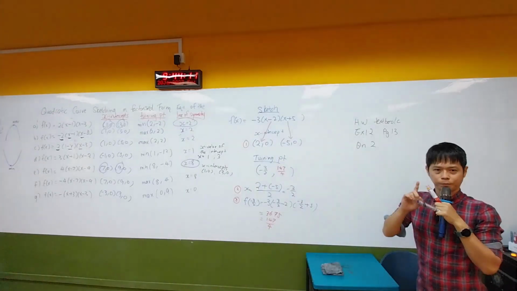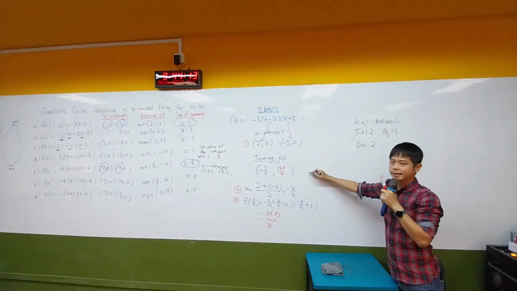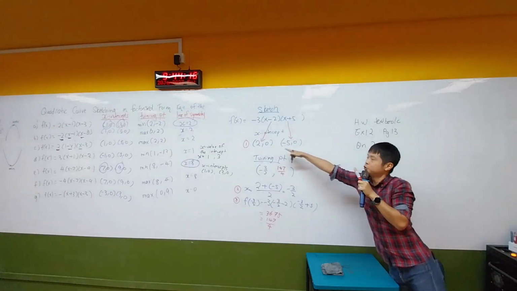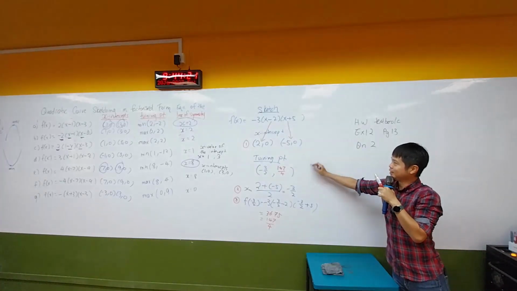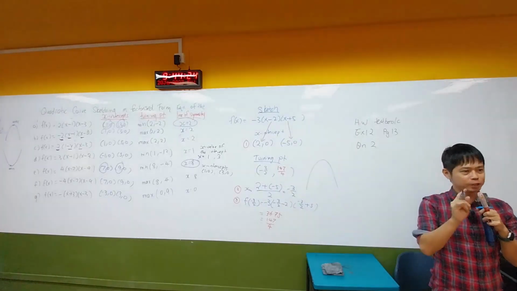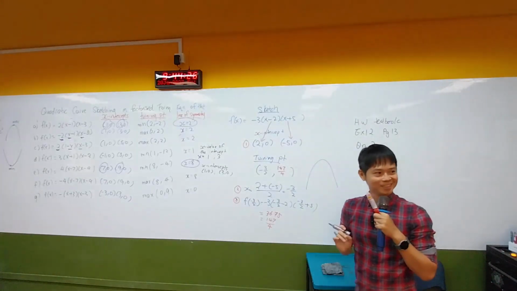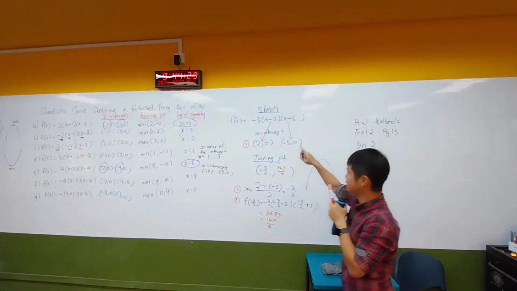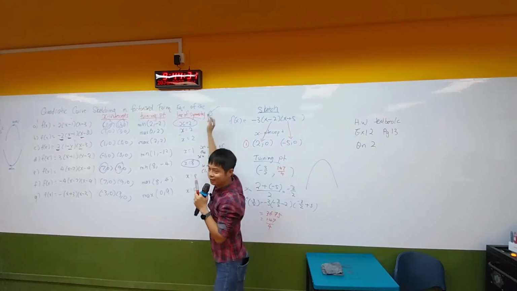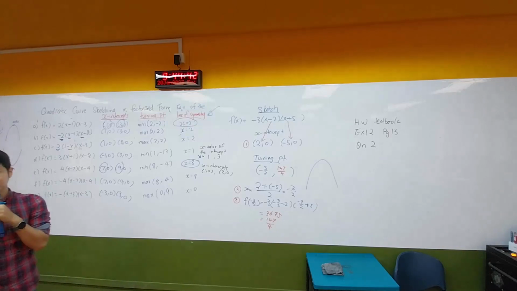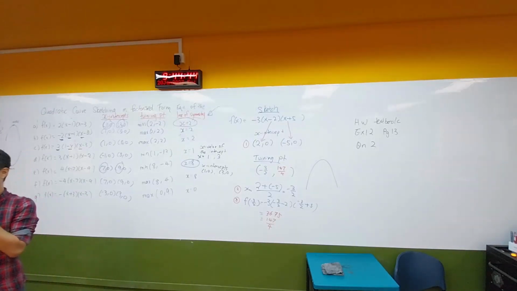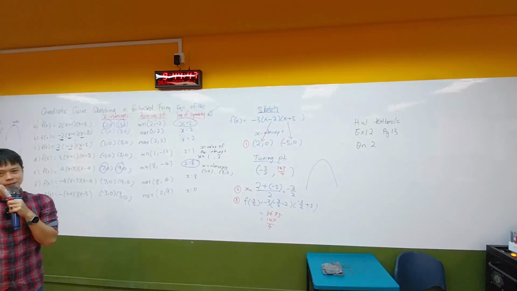The first question is, why is the turning point the middle of these two values? Now, it's an N-shaped curve, right? There's something very special about a quadratic curve. What is so special about a quadratic curve? Quadratic curves are symmetrical about where? The turning point.